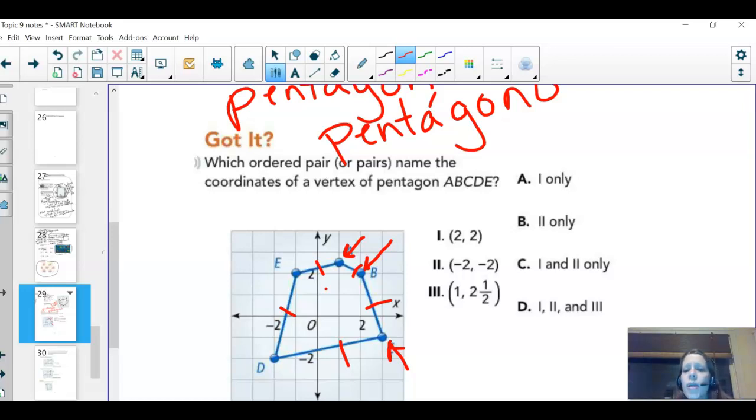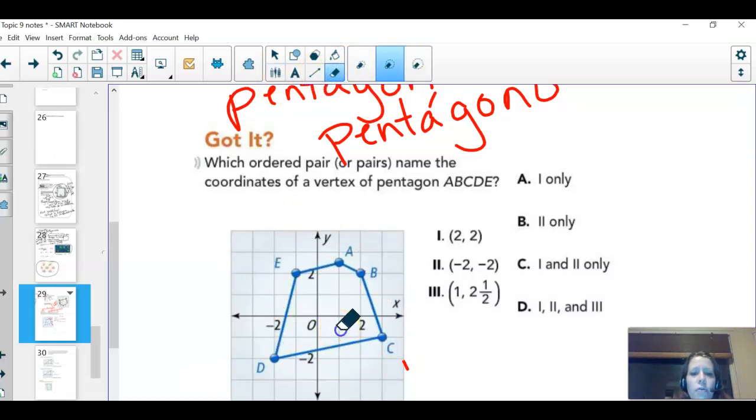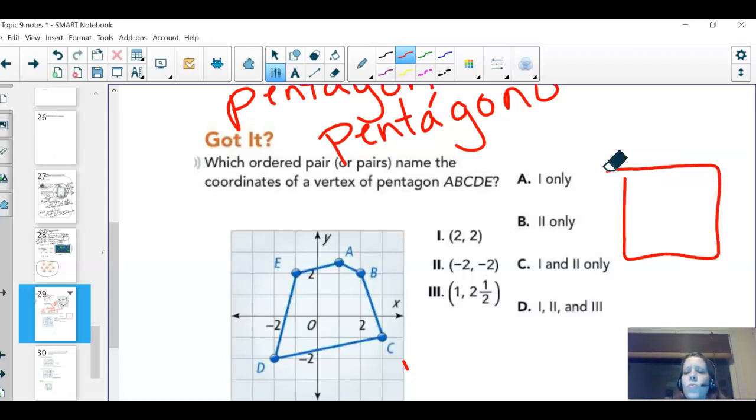Okay, so A would be like one only. B would be like number 2 only. So why don't you go ahead, take a minute, decide which ones you think are vertices, and then write your answer in the box. Okay, necesitas decidir cuál de estos son vértices, y entonces necesitas escribir tu respuesta en la caja.